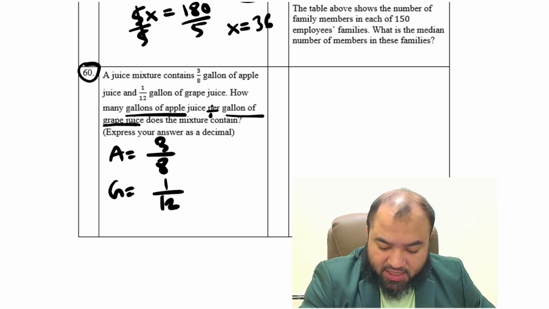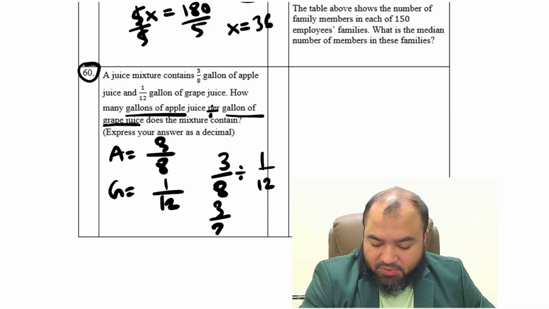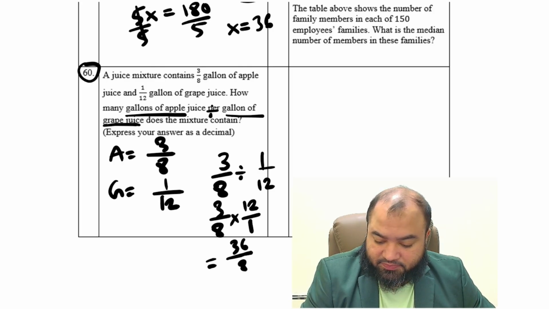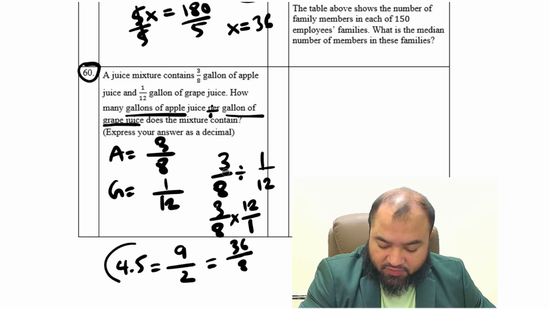So apple is 3/8 divided by 1/12. Now we know how to divide. Keep, change, flip. 3/8 times 12 over 1. So that's 36 over 8. Simplify by 4. So you get 9 over 2, so it's 4.5.